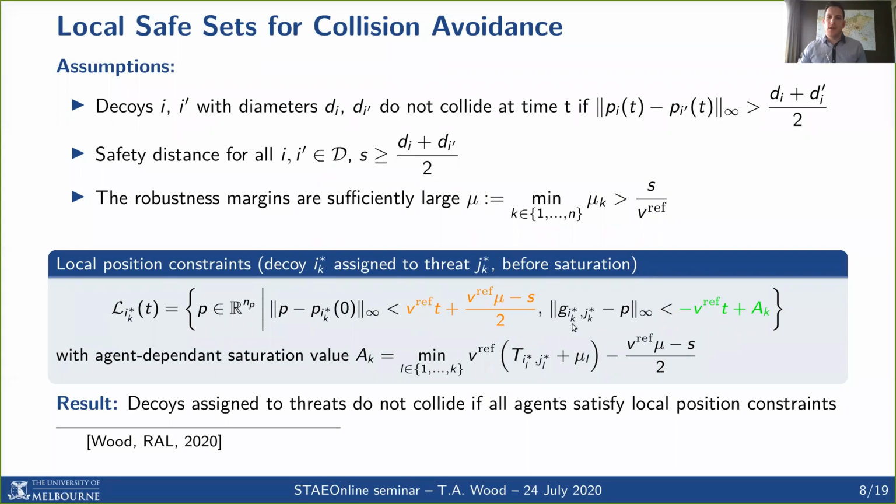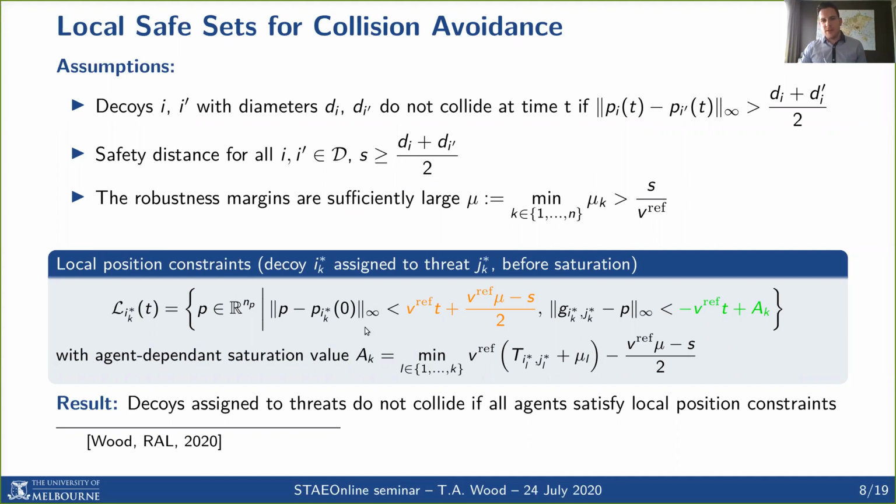So here G is the destination of the agent we're looking at, and p_i0 is its initial position, and P is its current position, or any P in the set is the position constraint we're looking at. So if the position is close enough to the initial position and to the destination, and if all agents do this, we have collision avoidance properties.